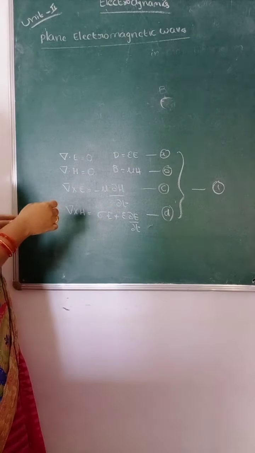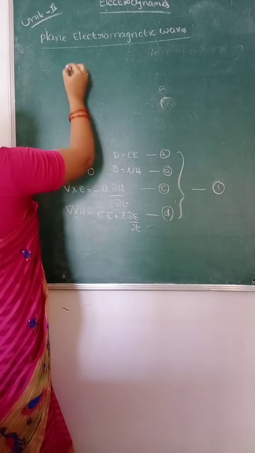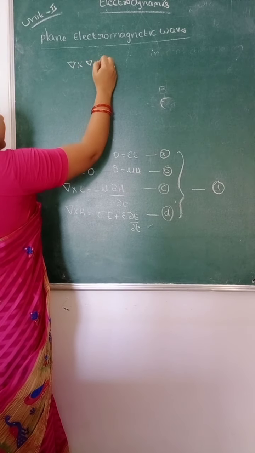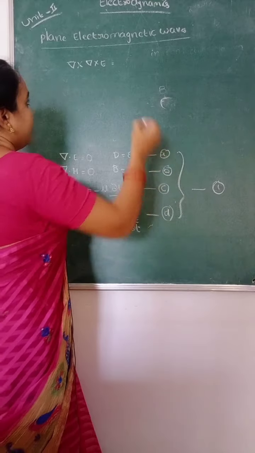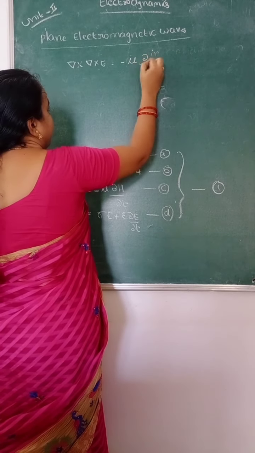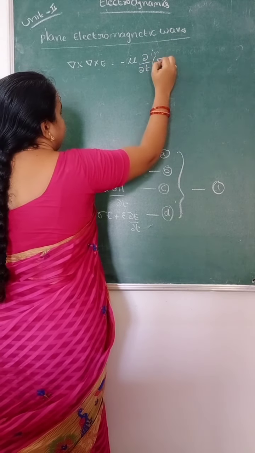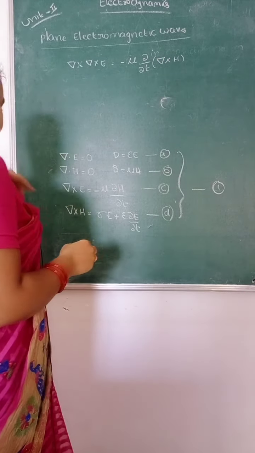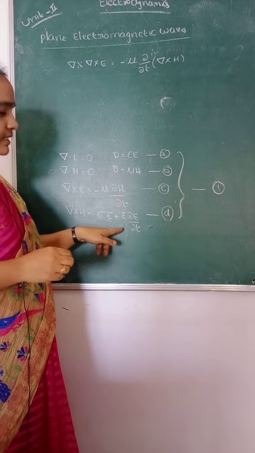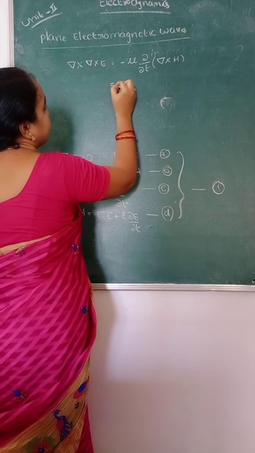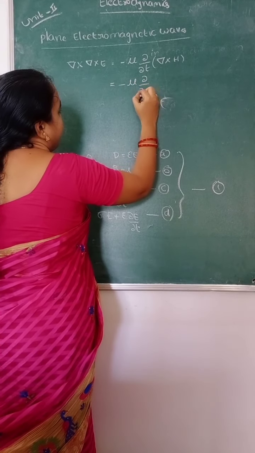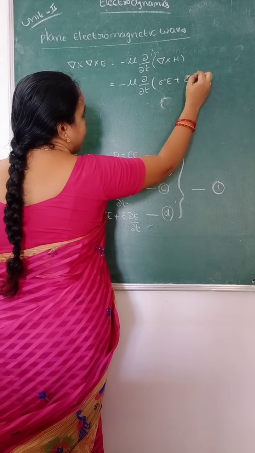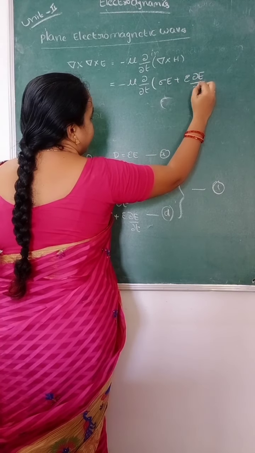Taking the curl of the third equation, that is del cross E is equal to minus mu dou by dou T of del cross H. Then del cross H is sigma E plus epsilon dou E by dou T, that is minus mu dou by dou T of sigma E plus epsilon dou E by dou T.